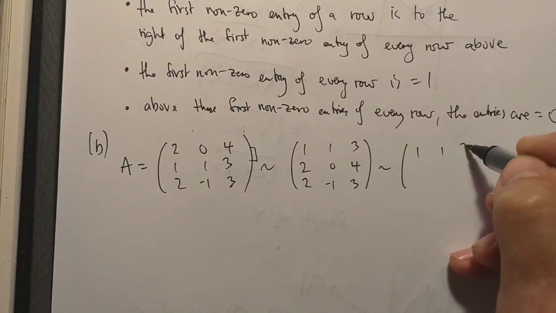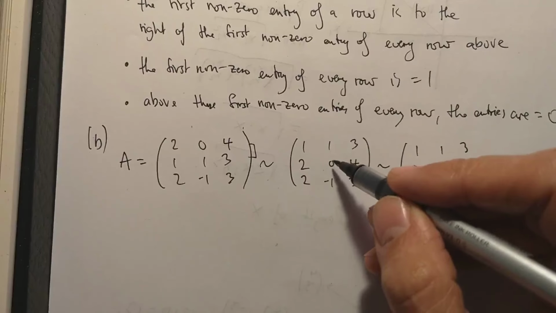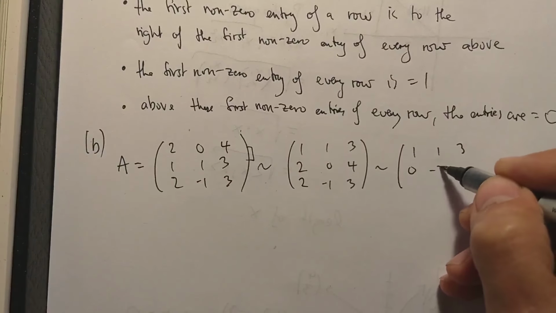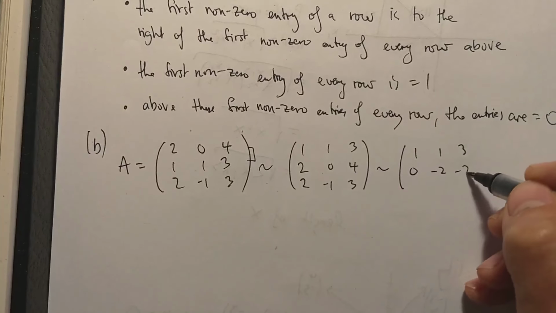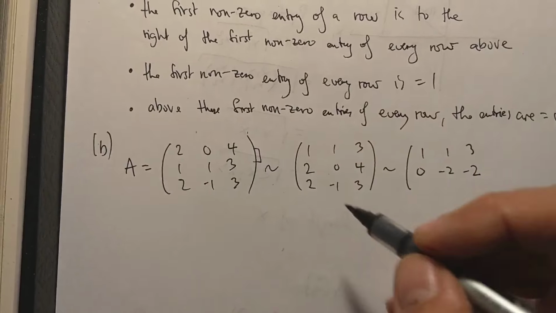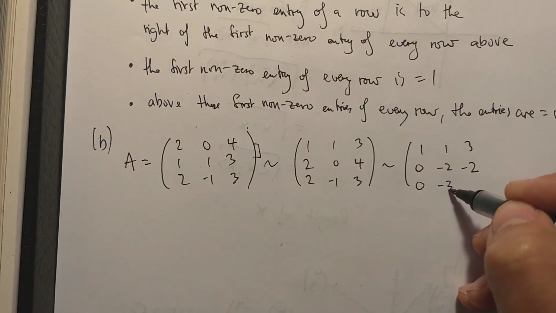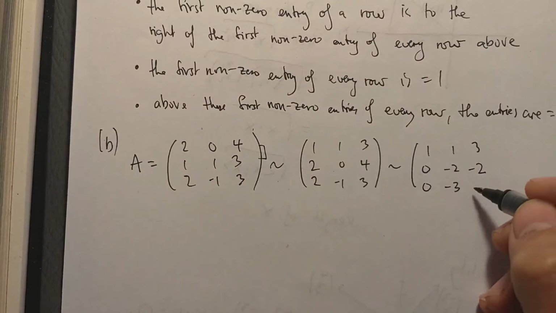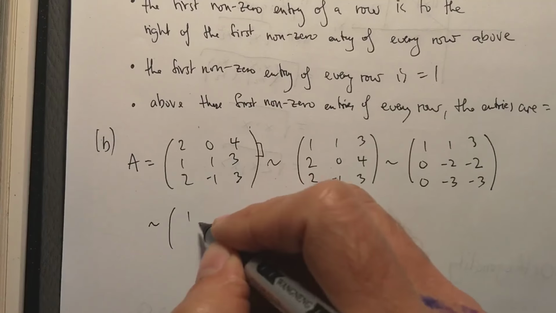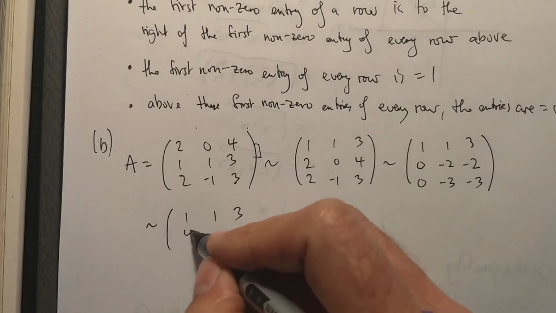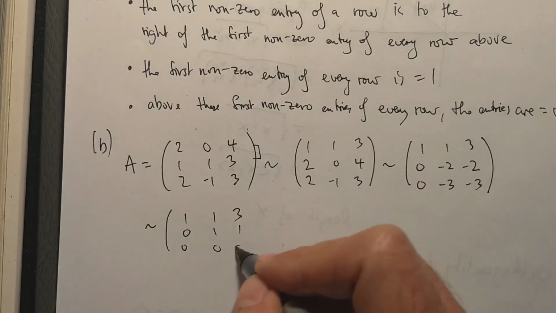So, first row stays. 2 minus 2 times 1 is 0. 0 minus 2 times 1 is minus 2. 4 minus 2 times 3 is 4 minus 6, which is negative 2. 2 minus 2 is 0. Minus 1 minus 2 is negative 3. 3 minus 6 is negative 3. This is equivalent to 1, 1, 3, 0, 1, 1, and then the last row goes away.